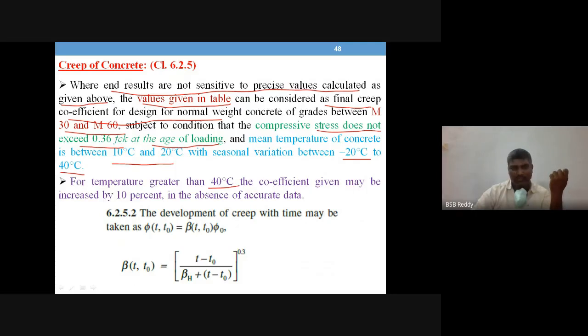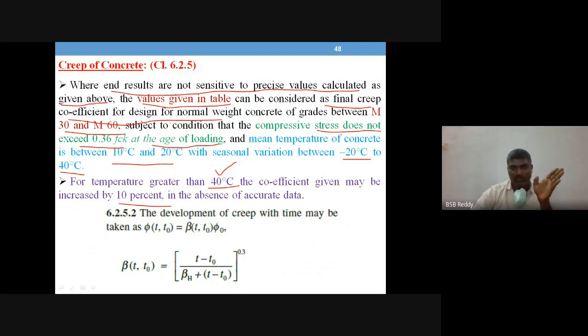The coefficient shall be increased by 10%. So the value given in the table must be multiplied by 1.1, 10% extra, if the temperatures are more than 40 degrees. So these are the conditions to use those tabular values.